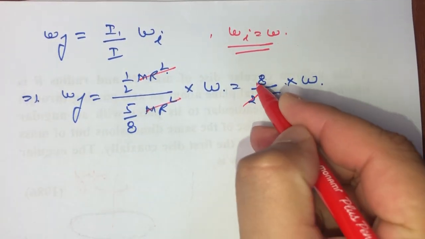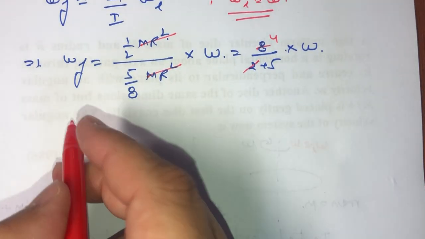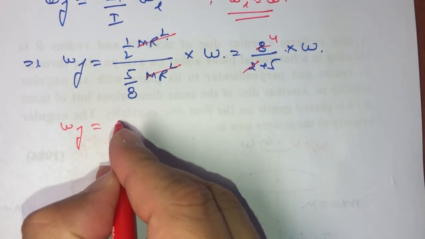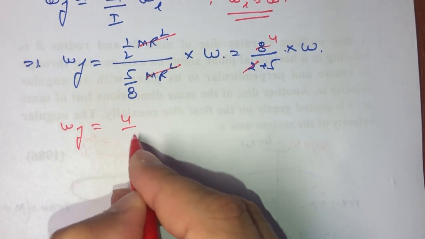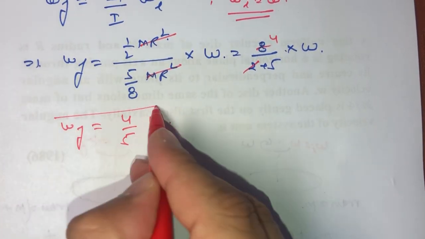So this will be 2 4, so we get omega F is equal to 4 by 5 omega.